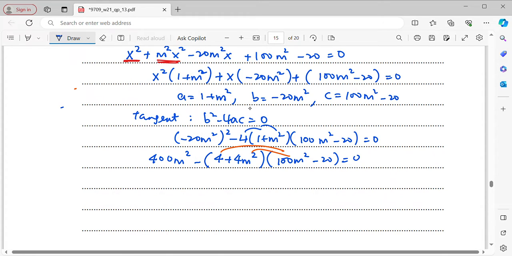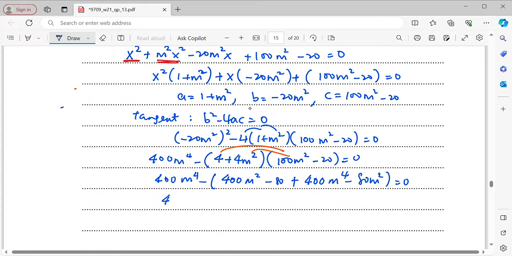So I will be getting 400. Okay, so this is a mistake. This is degree 4. Because here is squared. Square of square will be degree 4. Minus. Okay, so do expansion for these 4 terms. You will be getting 400 m squared minus 80 plus 400 m degree 4 minus 80 m squared. That equals to 0. And now open all the brackets.